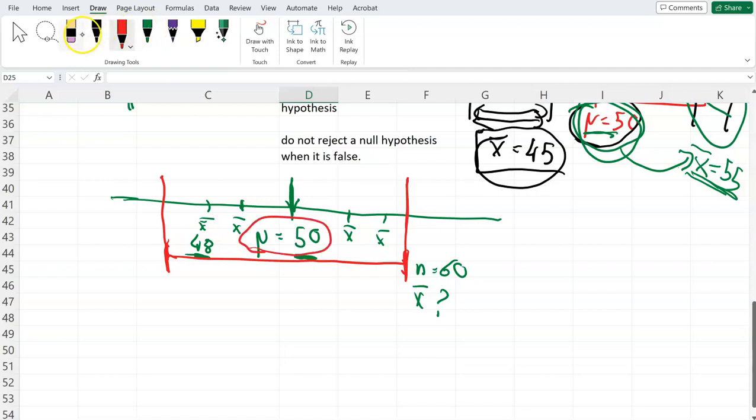But beyond these two numbers, if I go here or here, then we will assume that, yes, definitely, my population mean has changed. So then we have to determine what these two boundaries, these two thresholds are. How do we determine what this threshold is?